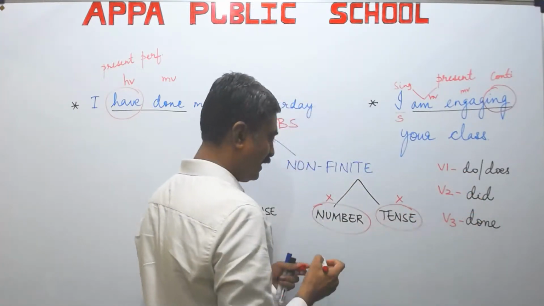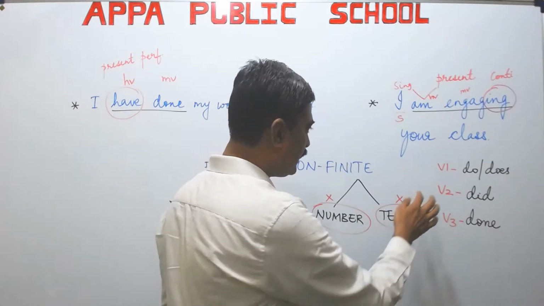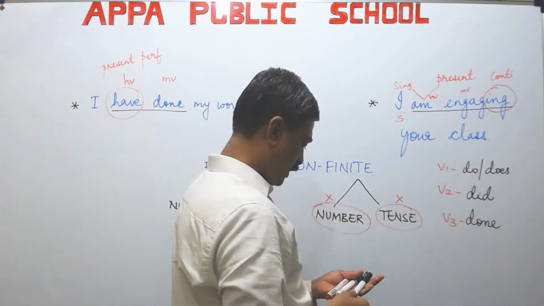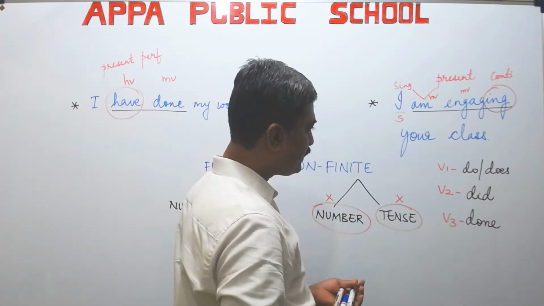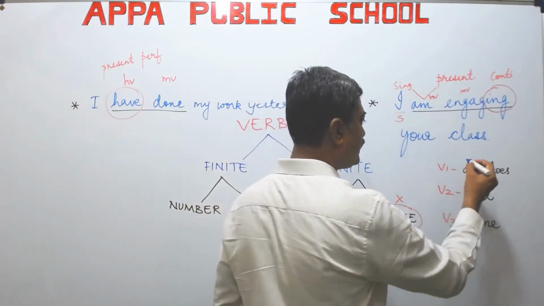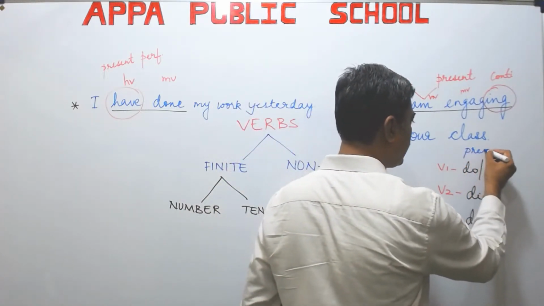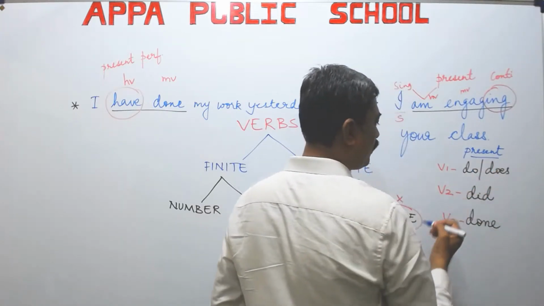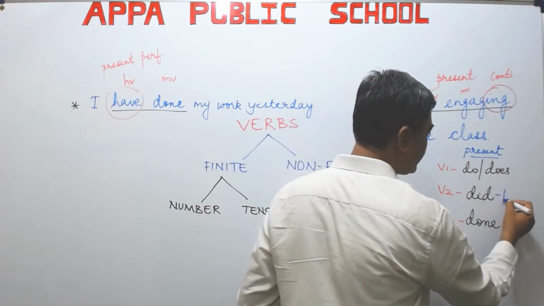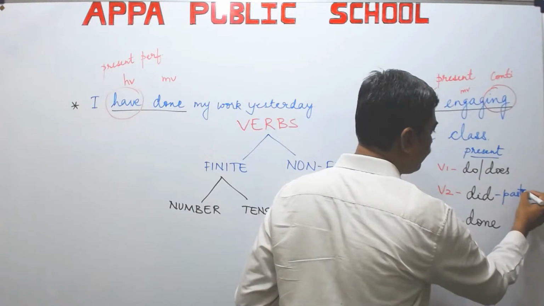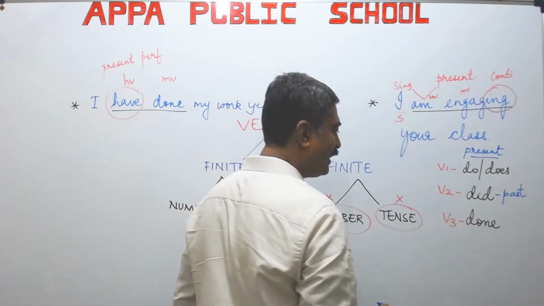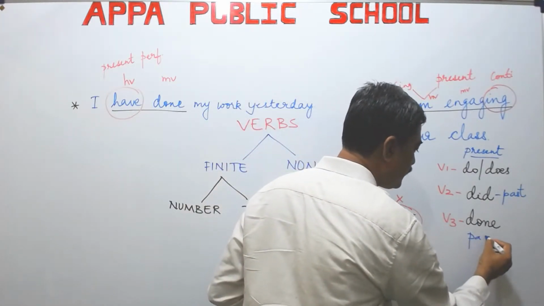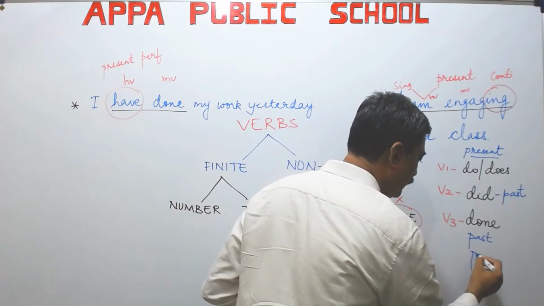Okay. Now look at the tenses. What is the tense now? Right. V1. The tense here is do or does, which means it is present tense. Okay. Second one, did. Quite simple to follow it. It's past tense. And done, it's past participle.